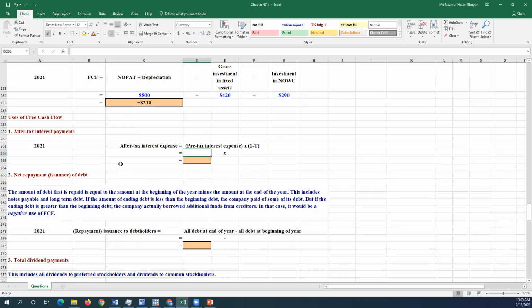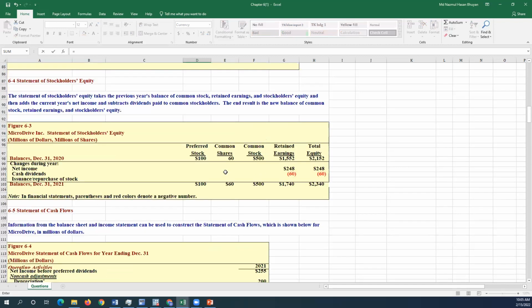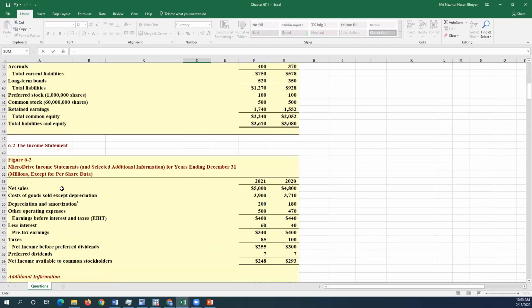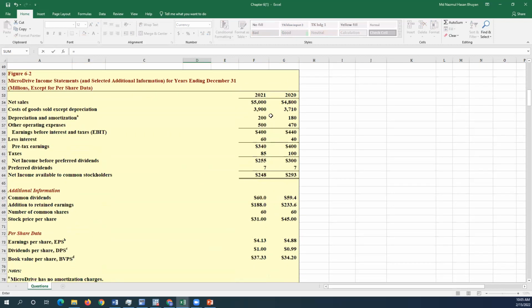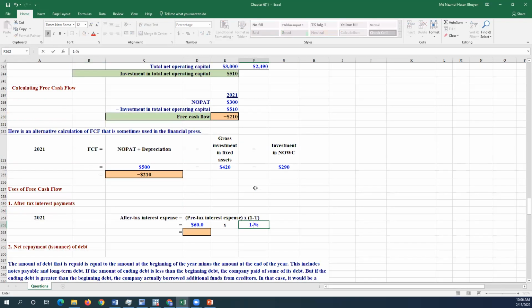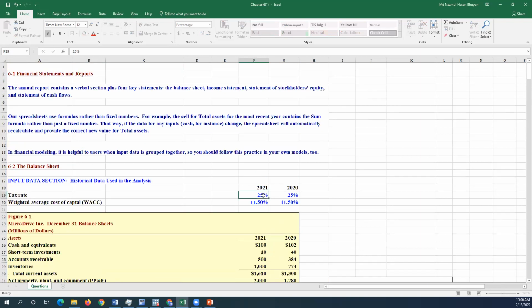Okay. First, let us see how much the company spent to pay off its after-tax interest expenses. So pre-tax interest expense during the year 2021 is 60. Then 1 minus tax rate, we already know our tax rate here, 25%.